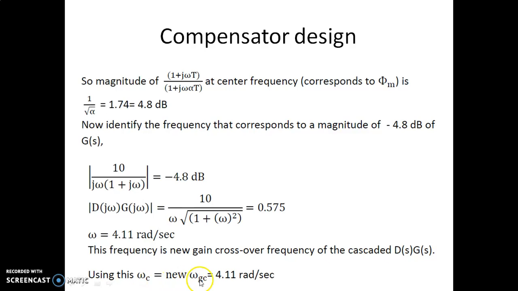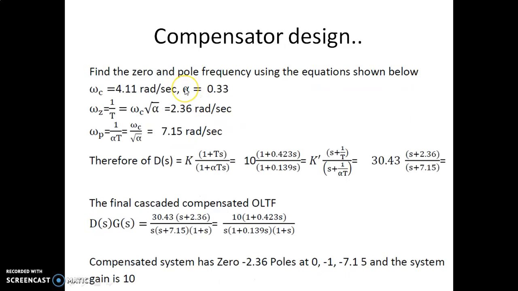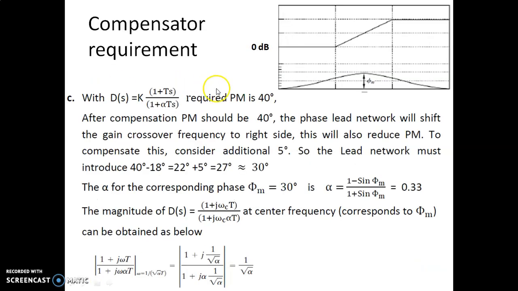So using this 4.11, we can locate the zero and pole of this compensator network using these equations. You can find the zero and pole frequencies. Since you know omega c, which is the center frequency at which maximum phase shift will occur, as we saw in the previous plot, this is that frequency, which is 4.11.